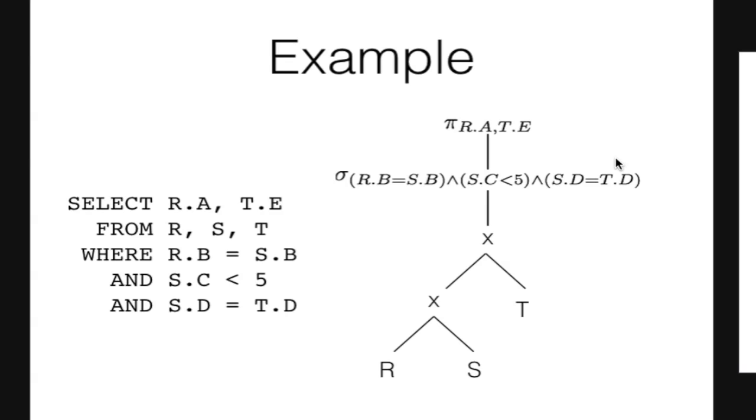I only care about R.A and T.E. I have a selection predicate. I want only those rows of R that match the rows of S on B, and I only want those rows where the S.D attribute matches the T.D attribute. And I also have a predicate on S.C. So what can I do here?